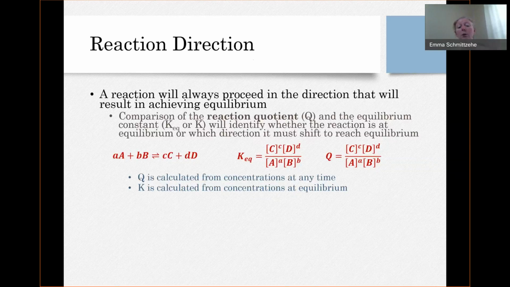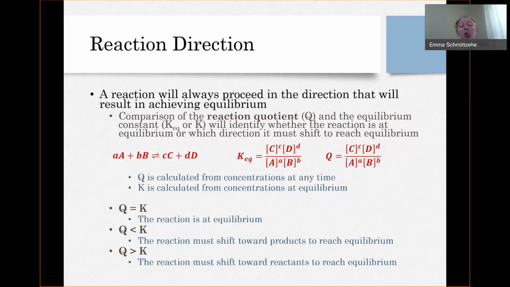So K is for equilibrium, Q is for any time, even if you just don't know where you're at. And then you compare your Q. If you don't know if you're at equilibrium, you calculate Q by plugging in all those values, then you compare the result to the known K for the reaction, okay?